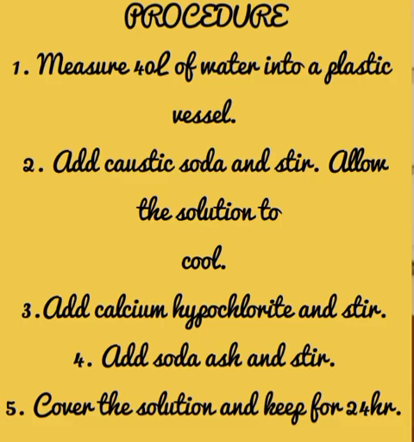After that, you add the caustic soda and stir. After adding the caustic soda and stirring, you allow the solution to cool. Then you add the calcium hypochlorite and stir. Then finally, you add the soda ash and stir, and then cover it and allow it to stand for a minimum of 24 hours.